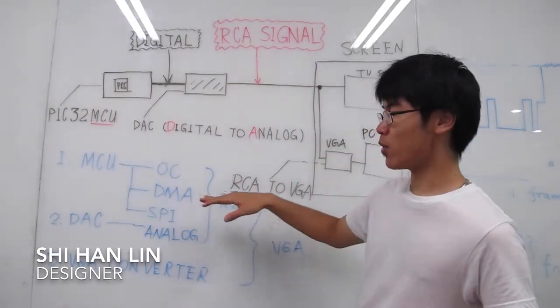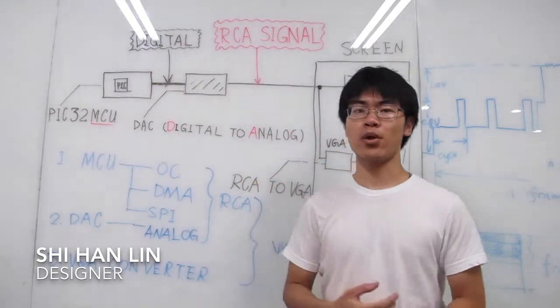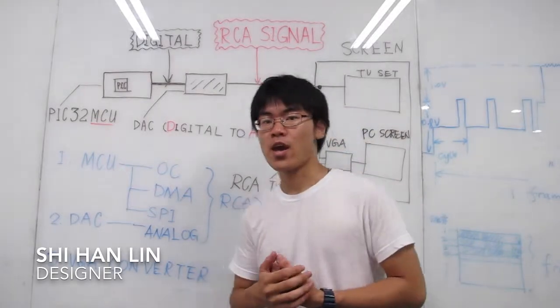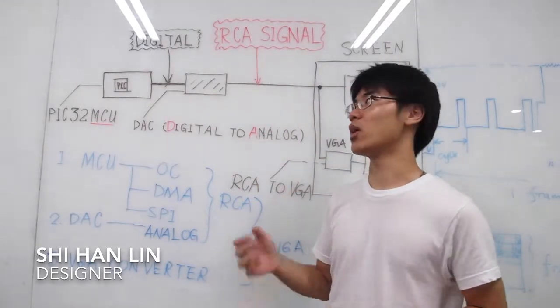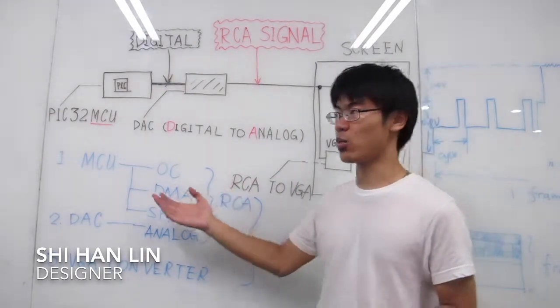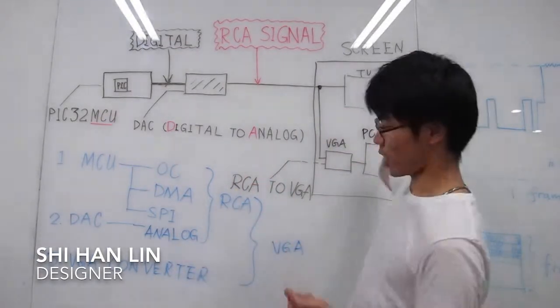And the DMA module. As for DMA module, we will have some chunk of memory in the RAM of the MCU, and this memory stored the video information, and this part will be constantly transferred to the screen.